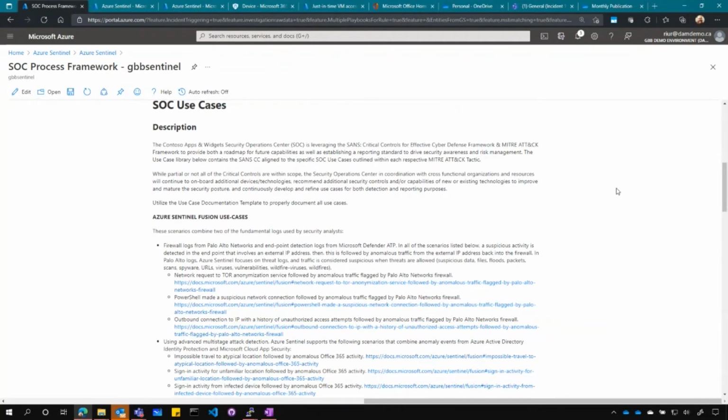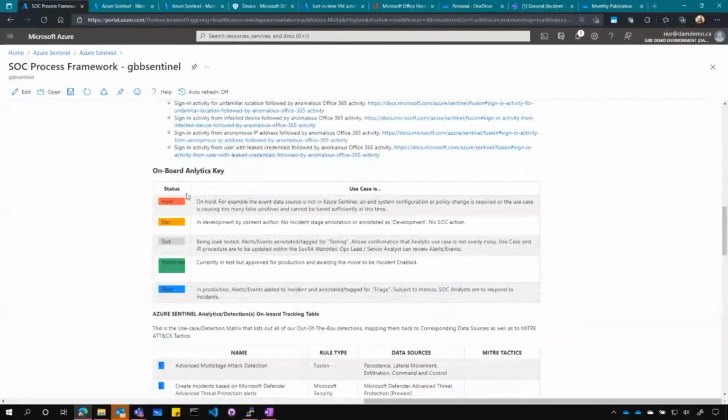So what we considered was how to onboard use cases. And this table allows the SOC manager, and the team working with the SOC engineers, to onboard the analytics that live within Sentinel, whether they're custom or templates, doesn't matter. So the idea really here is to have an onboard analytics key.